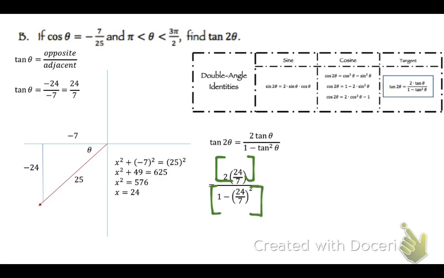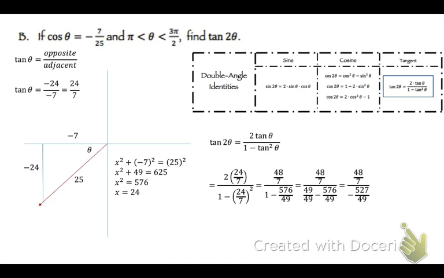Okay, I'm going to go through the math of how this all simplifies out. So let's multiply the 2 to the top, so that's negative 48 over 7. Square the bottom, that's 576 over 49. Change that 1 to 49 over 49 so that we have a common denominator. And you get negative 48 over 7 over negative 527 over 49.